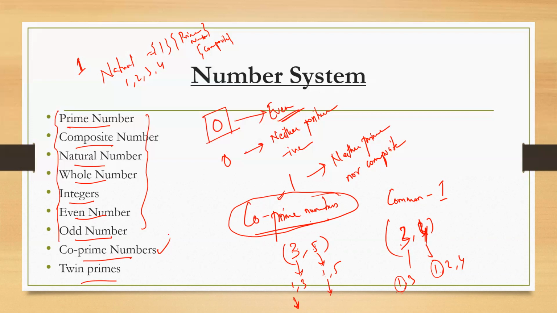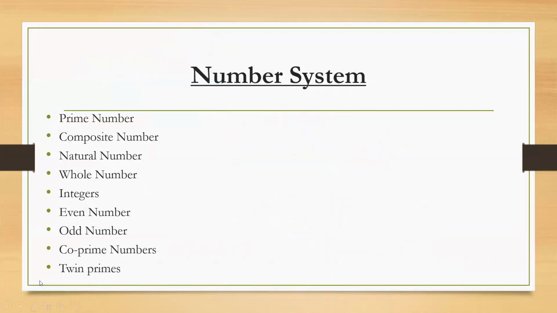Now we deal with the second aspect, that is twin prime. Now what is twin prime? So let's discuss that also. When we talk about twin prime, we are talking about those prime numbers where the difference is 2.